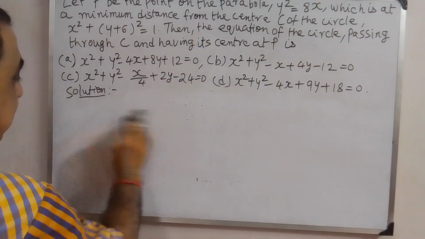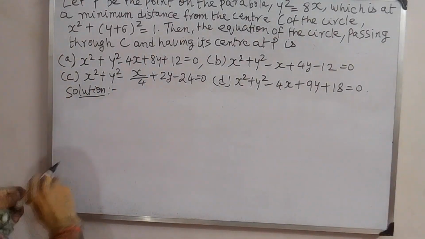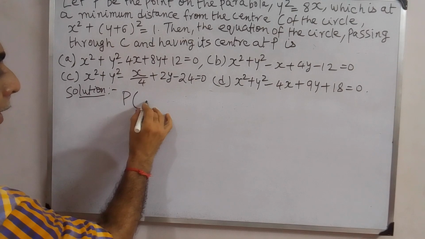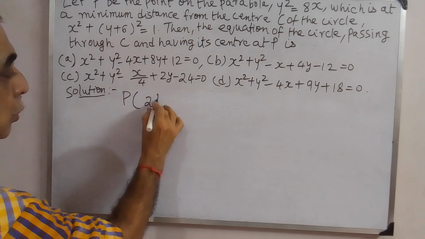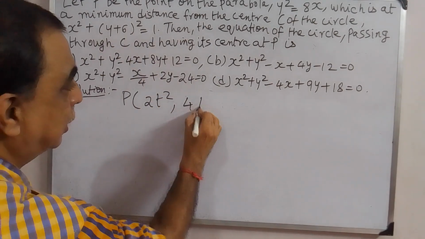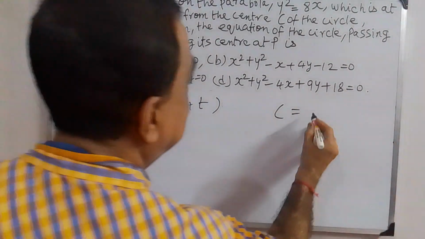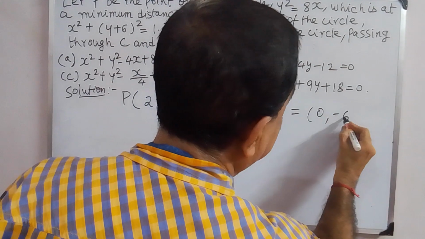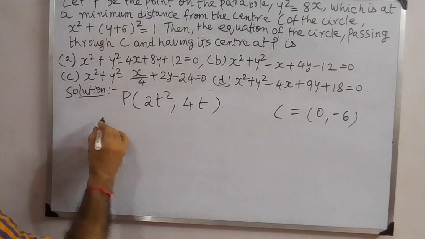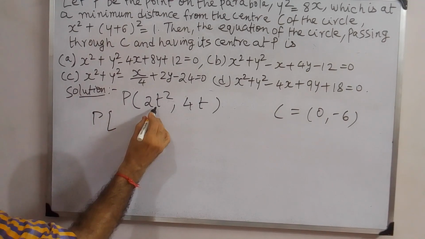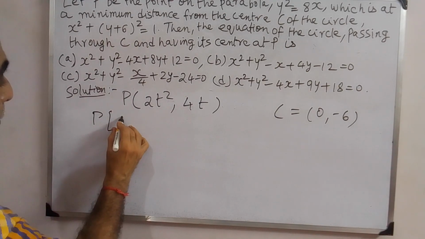Okay, the P coordinate. The P coordinate we took earlier as 2t squared and 4t, and C was 0, minus 6. So for P, put the value of t as -1.